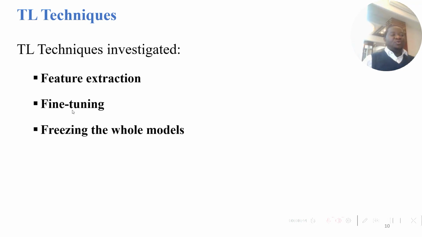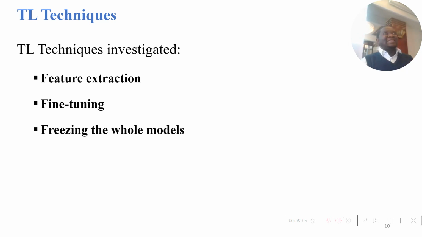However, in fine-tuning, the model is trained on the source data, but now in the target data, we continue the training of the same model, similar to what we presented in the previous paper. Now, this other technique is naive. I refer to it as a naive technique because we freeze the whole model.